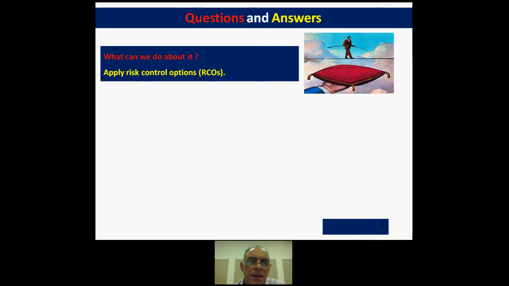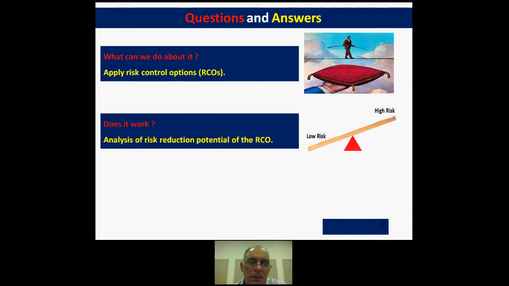Questions and answers. Okay, what can we do about it? We apply risk control options, as I mentioned earlier. Does it work? An analysis of risk reduction potential of the RCO.